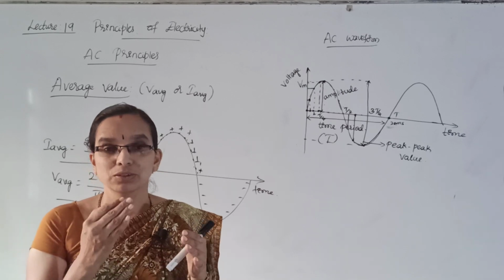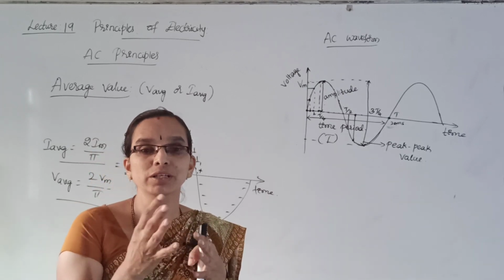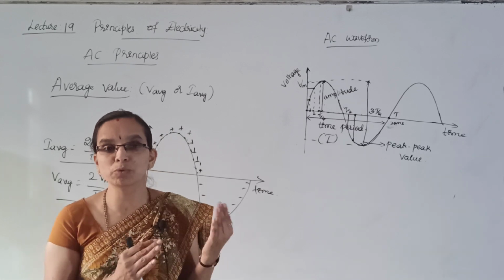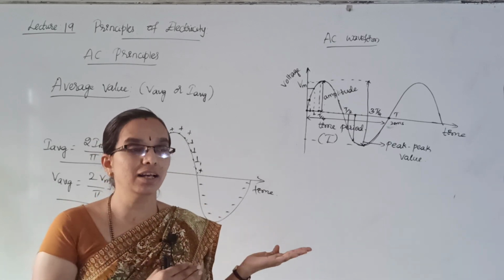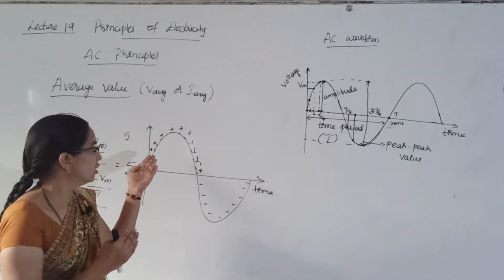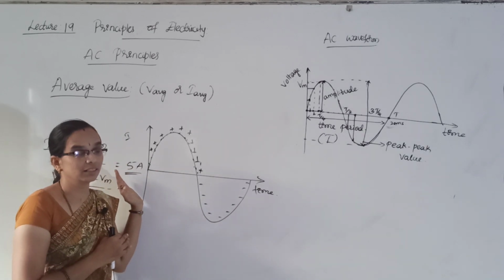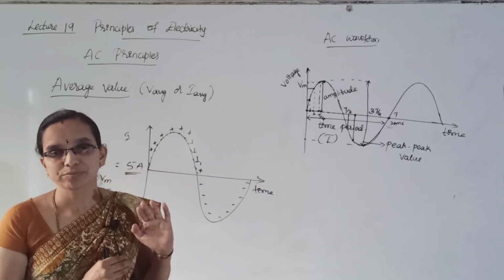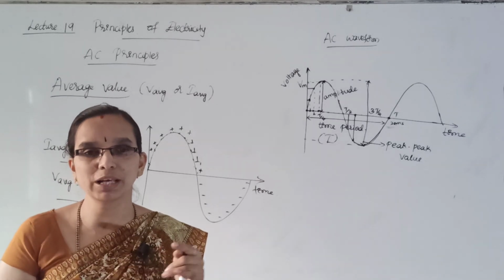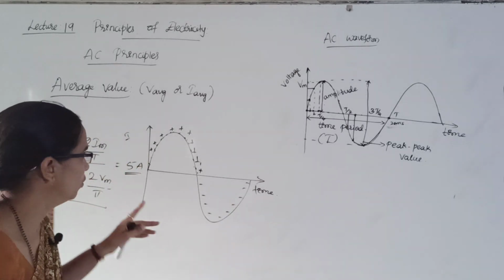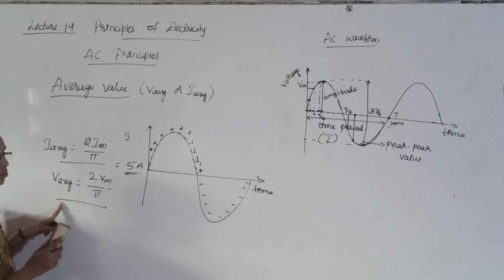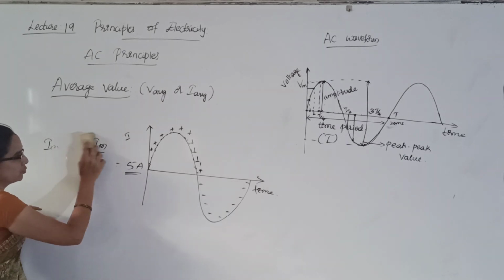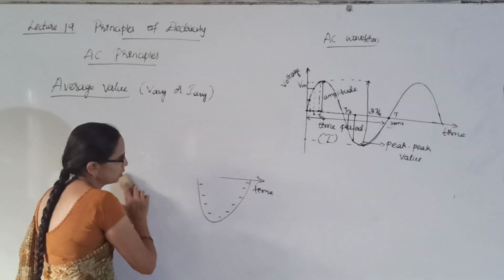That means the same amount of charges will be transferred in both cases. So you can call this the steady value or effective value, or the steady DC value of the alternating current. Sometimes it will be called like that. Please remember this. This will be used in the problems.